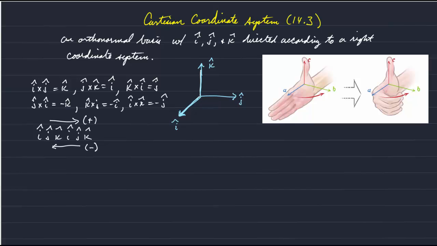So if we were to describe a vector in this Cartesian coordinate system, say vector v, then it is the sum of a component in the i hat direction, the j hat direction, and the k hat direction. So v would be described as v1 i hat plus v2 j hat plus v3 k hat.